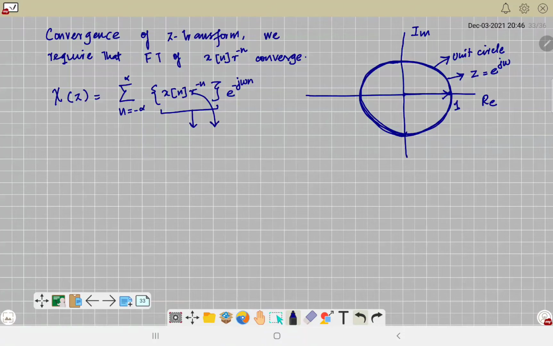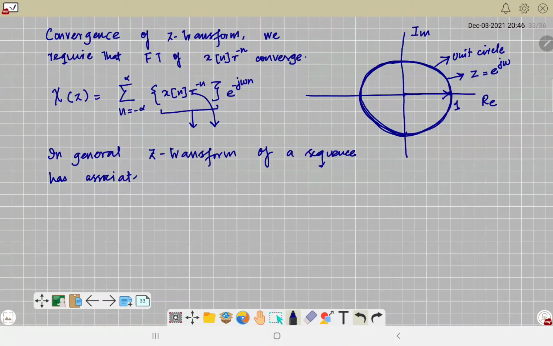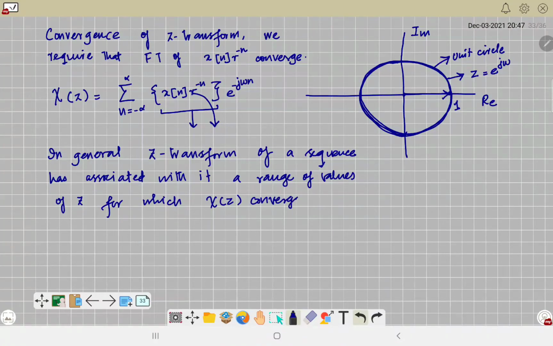In the Z transform, for a sequence, it has associated with it a range of values of Z for which X(z) converges, and this range of values is referred to as the region of convergence.